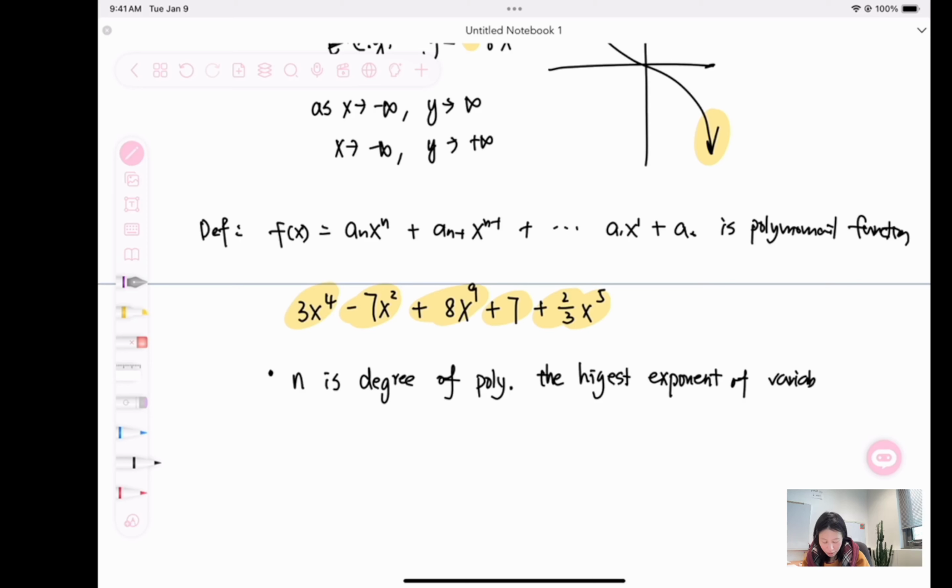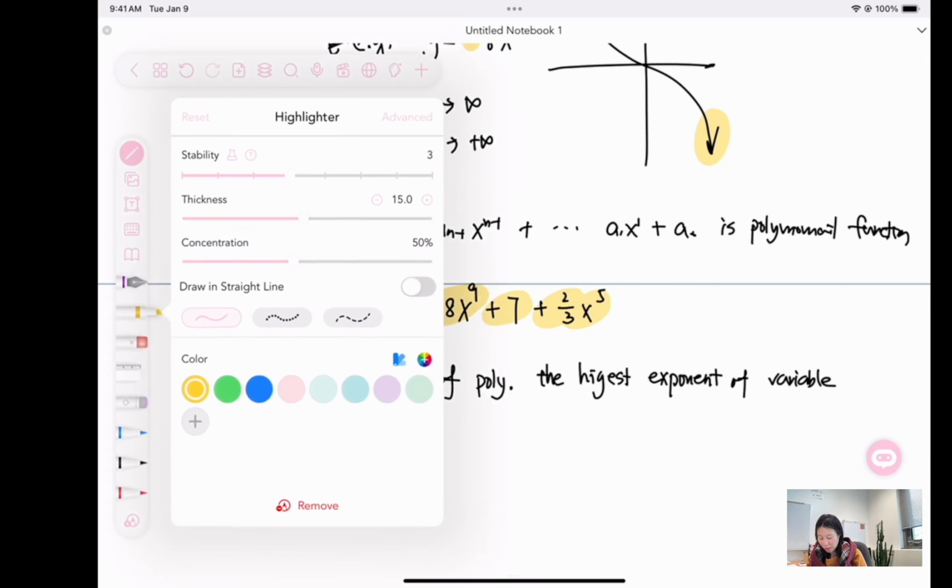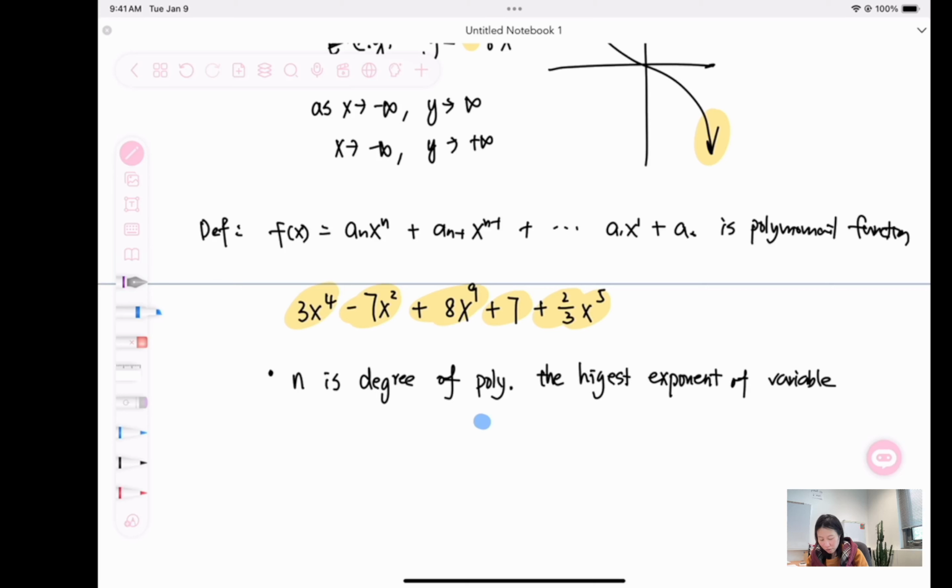Now let's take a scan of the example that we have. What is the highest power? Well, the highest one is here, 9. So the degree of this function f(x) is equal to 9. DEG means the degree.